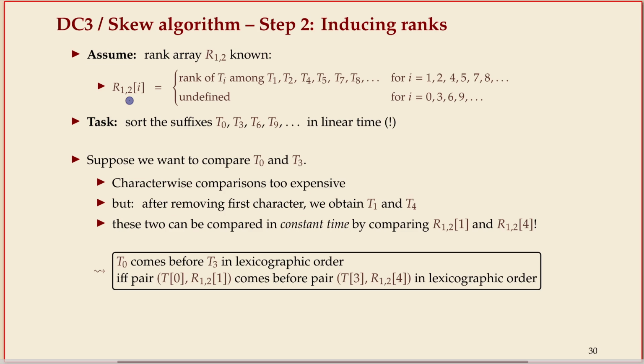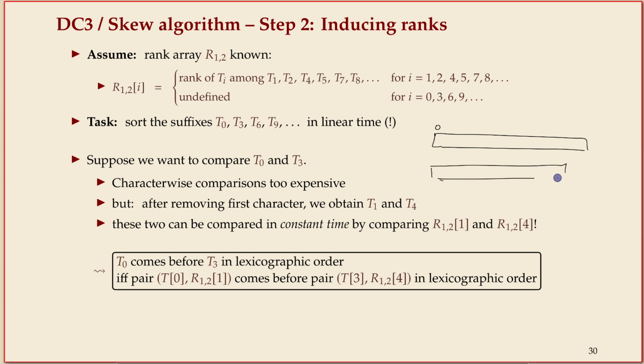Suppose we would like to compare two suffixes, one that starts at 0 and another one that starts at 3. We can't just go character by character because that would definitely be too expensive. In the worst case, if the text is really strange, it could take linear time.